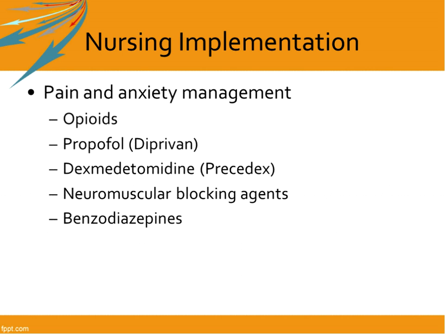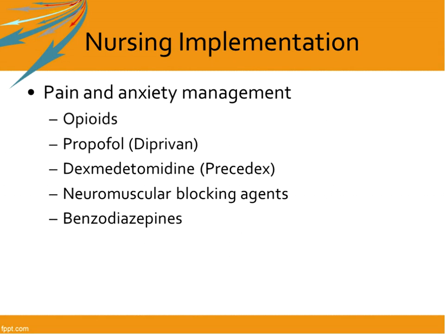We can use neuromuscular blocking agents, and that would be something like vecuronium. We do that whenever we want to totally control ventilation so that we prevent any refractory intracranial hypertension.